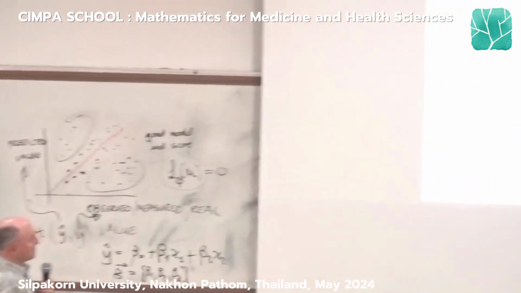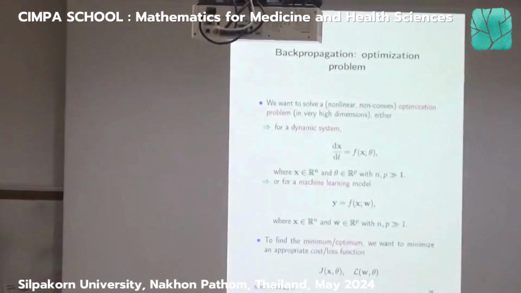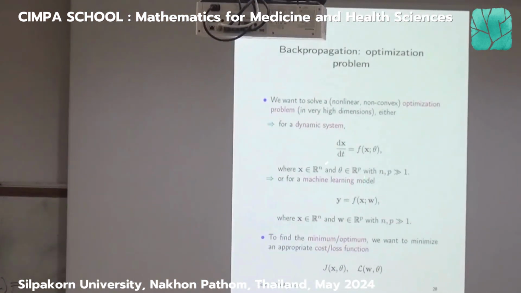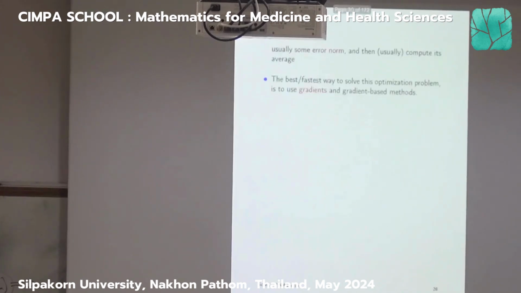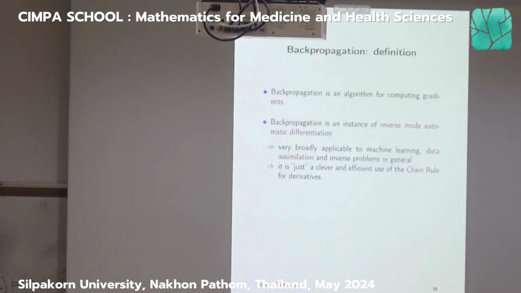So if I generate a loss function, very often in physics we call the loss function J of x and theta, or L of W, there might be some theta inside, then the best way to solve this optimization problem is to use some gradient descent.